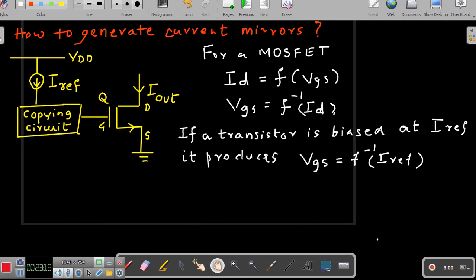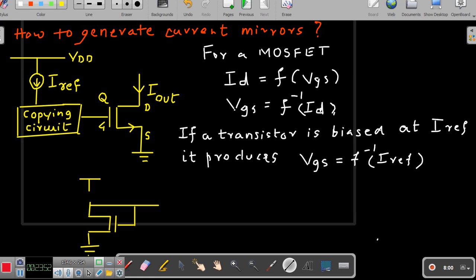So now I will show this in the form of a diagram again. I have VDD here, then I have my I reference here, then you can see the transistor being drawn here. And here let me tell you one more important concept, what we call a diode connected transistor.